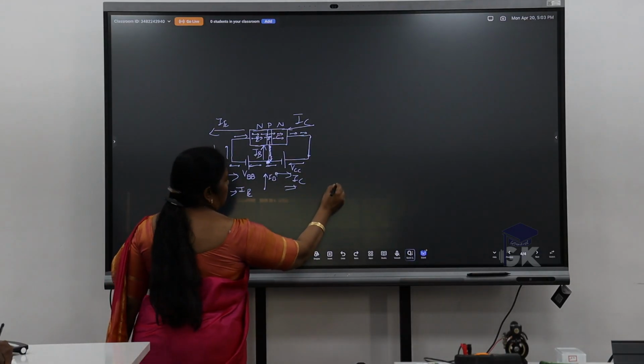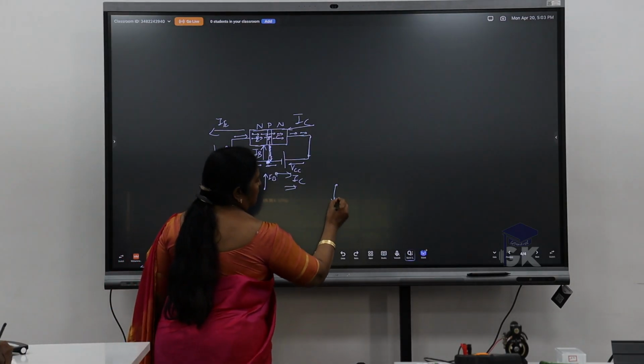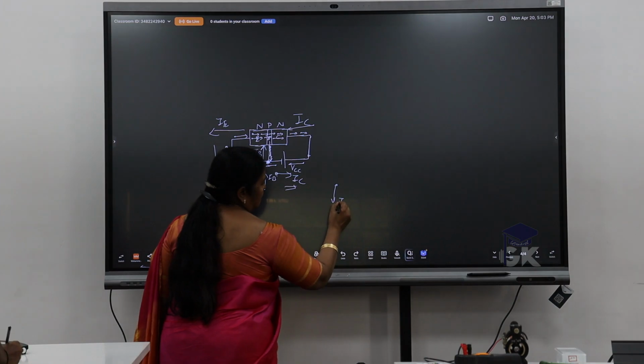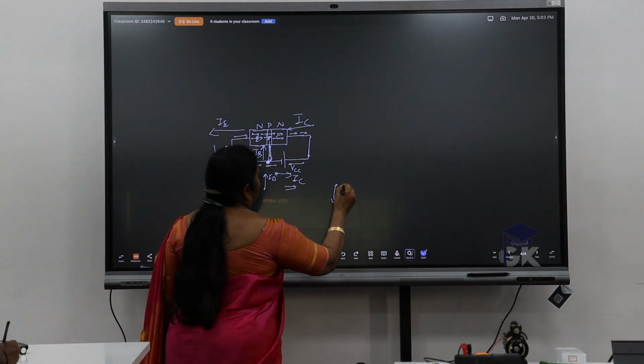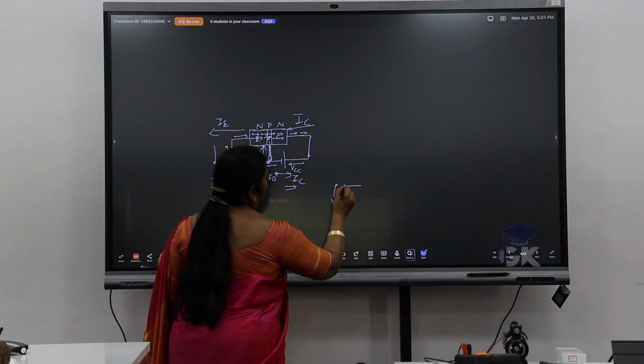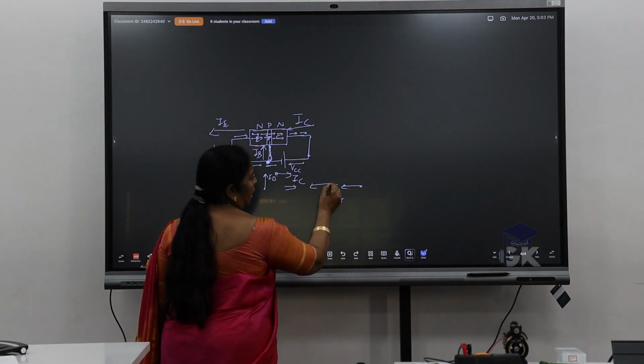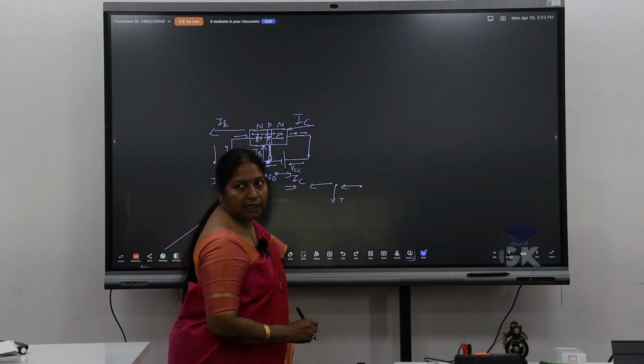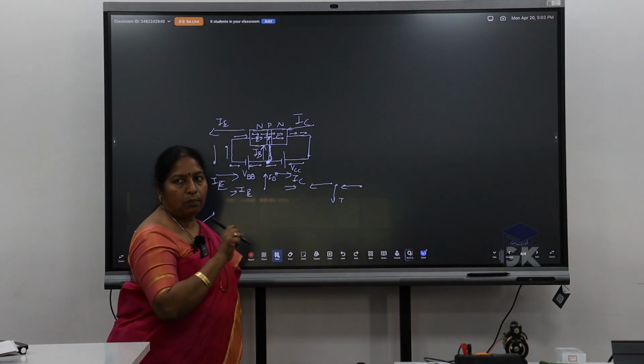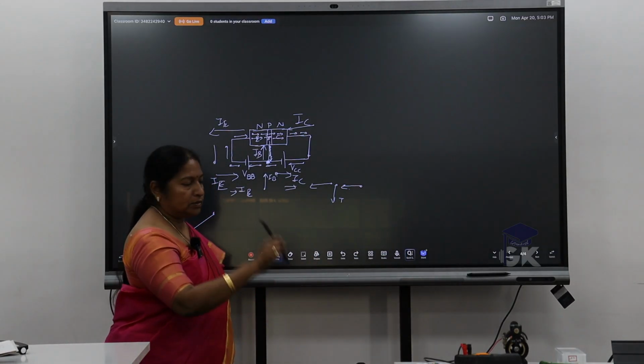So base charges are away, collector charges are towards, emitter charges are away. This is the direction of charges. The current direction is just opposite to the flow of electrons.